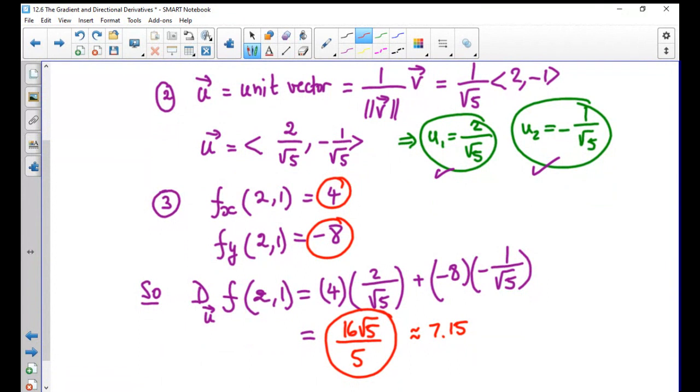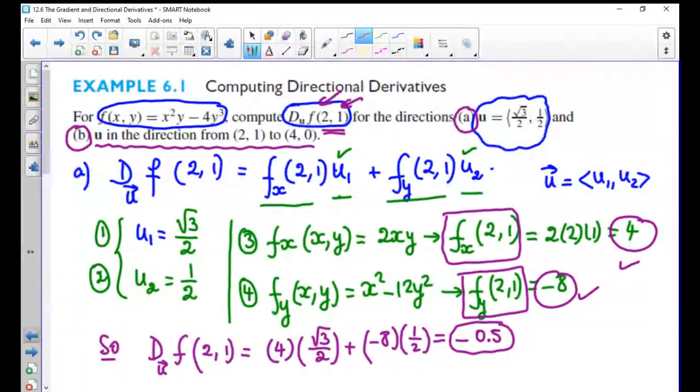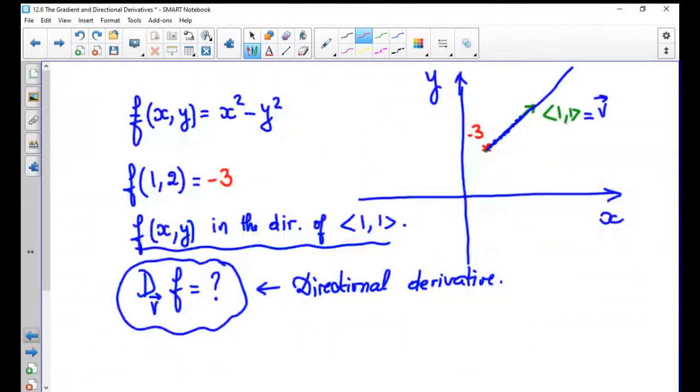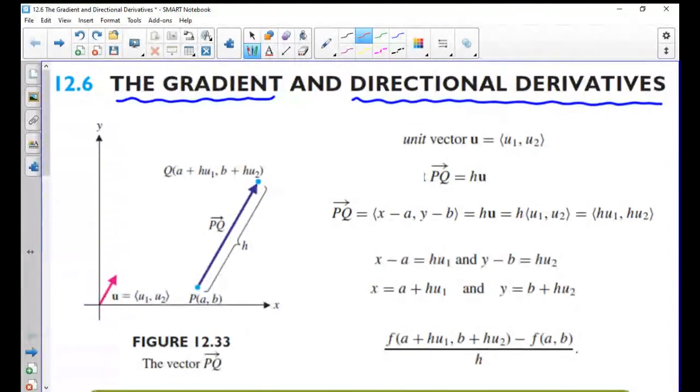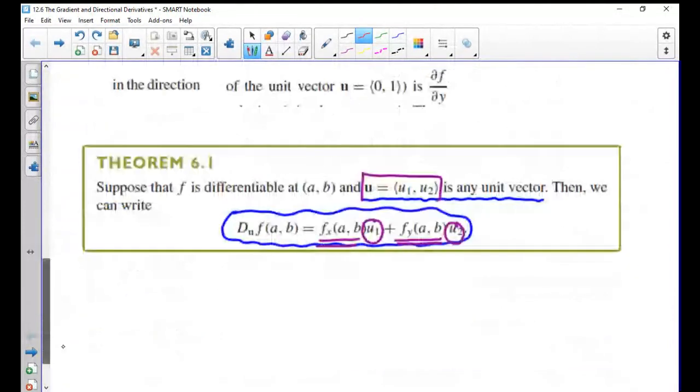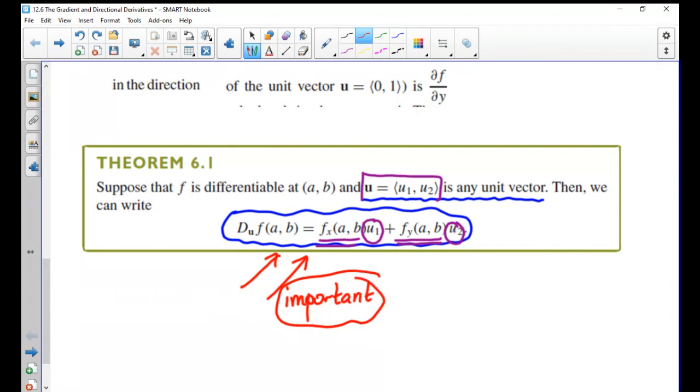Okay, so that is the idea of the directional derivative. It's really quite simple to calculate, and you will see questions like this. So a very important rule for calculating the derivative of a function in a certain direction of a unit vector u.